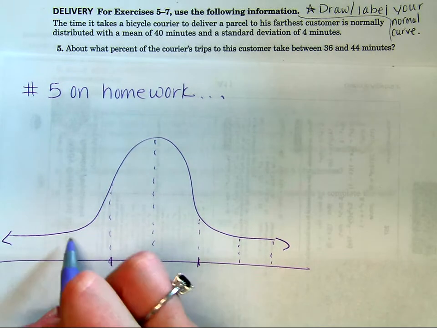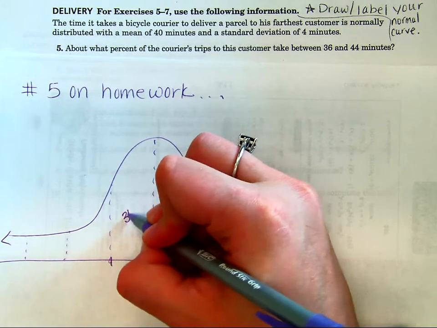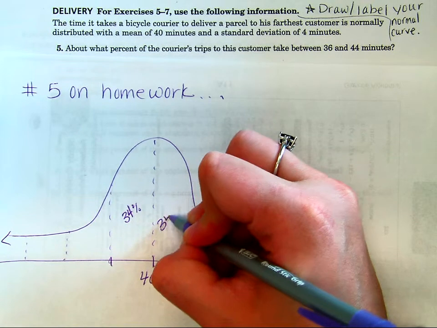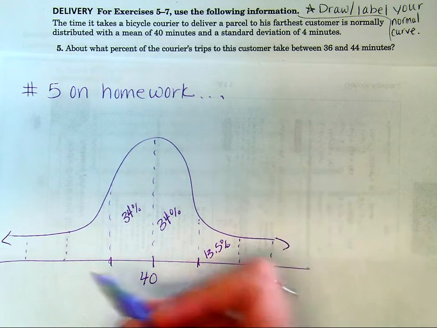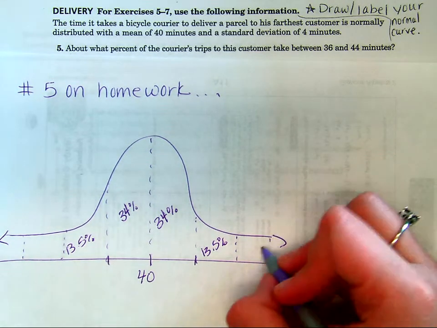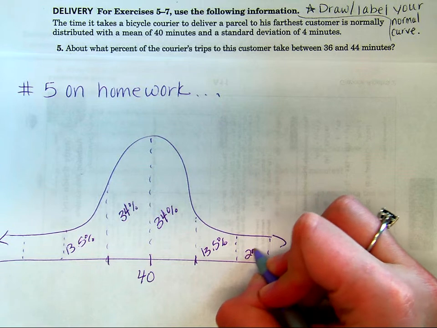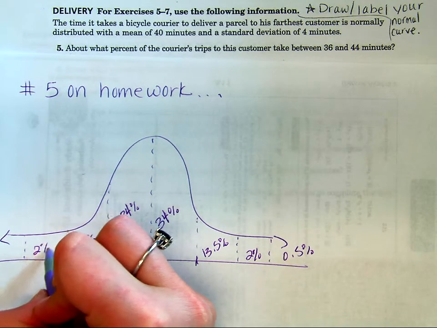So do your little dotted lines. Remember, 34% goes here, another 34% here, 13.5. Again, you want to memorize these percentages. And then 2% and 0.5% over here. That's always how you start.